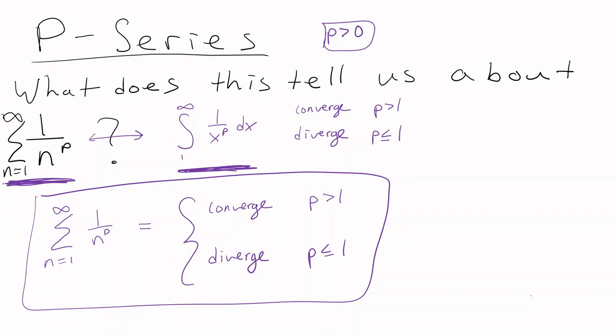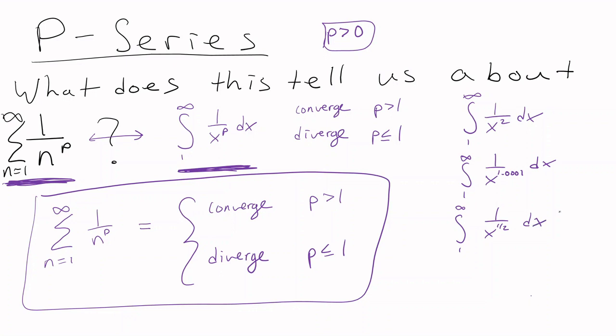This is super nice, and if you want to prove this to yourself, you could set up a couple of these integrals. You could do them in Mathematica too if you want to help yourself. You could do a handful of these, from 1 to infinity, 1 over x to the 1/2.